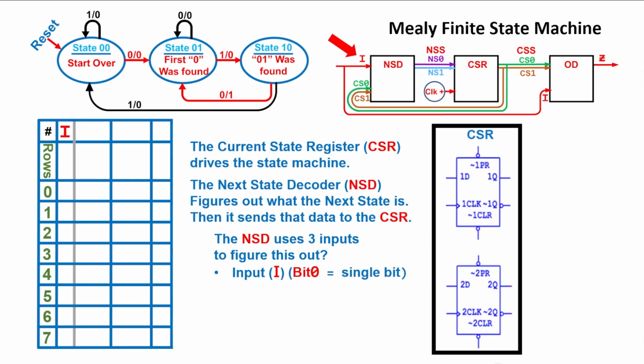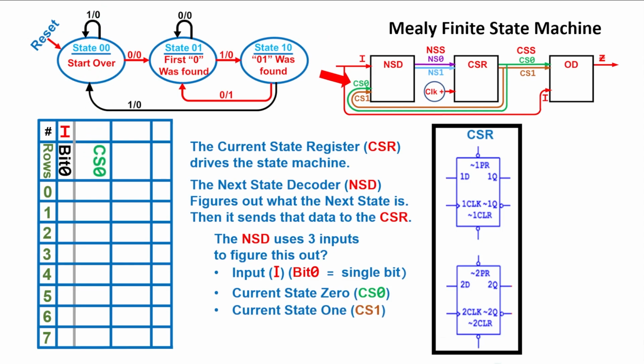So we're going to put that on our truth table, because that's one of the inputs. We're going to put that in the input section. I is a single bit, so we're just going to acknowledge that in that cell there. And the current state 0 is another input, so we're going to put that in there. And current state 1 is another input. Why are there 2 of them? Sometimes students ask. It's because for the current state 0 and the current state 1, we need 2 digits to identify each of the states, because that's what it takes to count from 0 to 1 to 2.